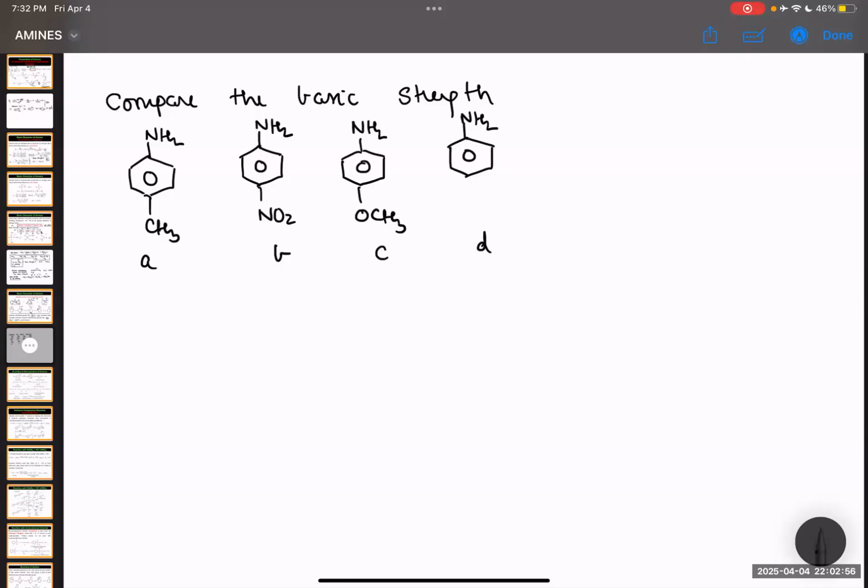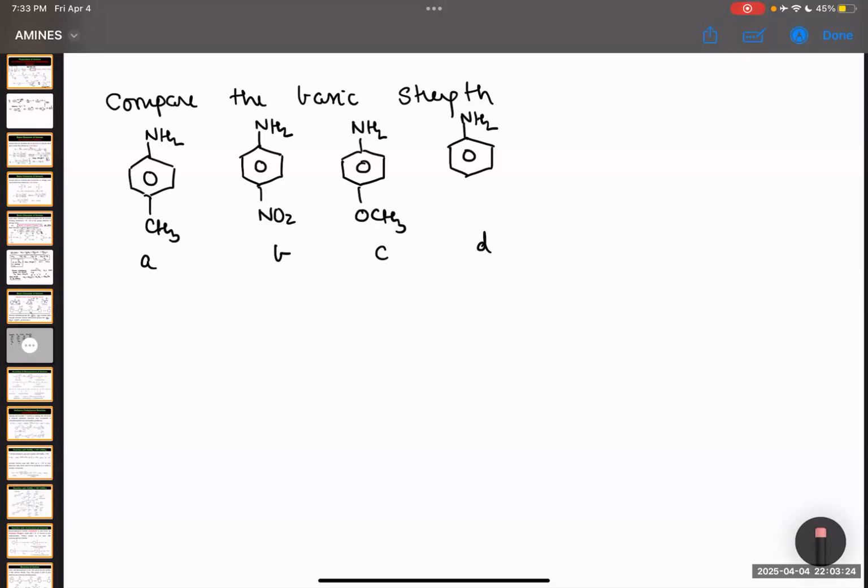So what will be the basic strength of these four amines, anilines? These are substituted anilines. What will be the basic strength? You can easily compare by trying to focus on the difference.